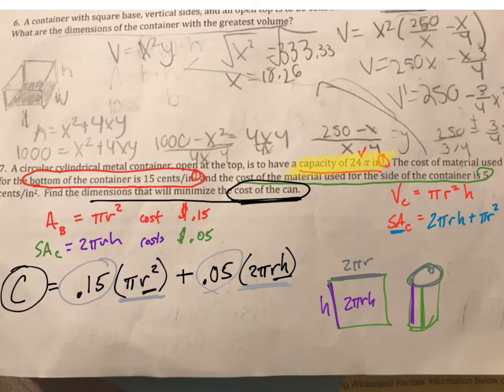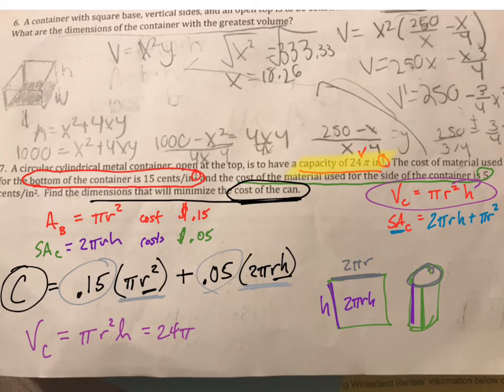It says the capacity is 24 pi inches cubed. So we're going to use that to come up with a way that we can relate R and H. So we know that the volume of a cylinder, you see that equation up there in red in the upper right hand corner, is equal to pi r squared h. And we know the volume to be 24 pi. So that's how we can relate h and r squared.